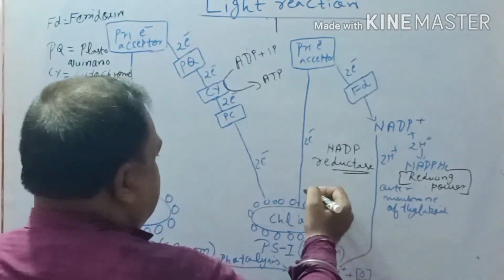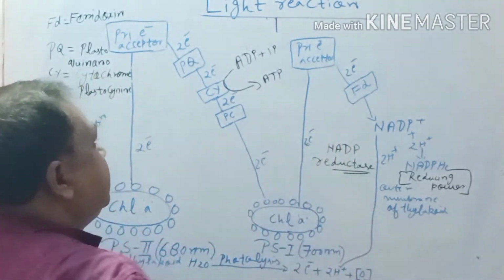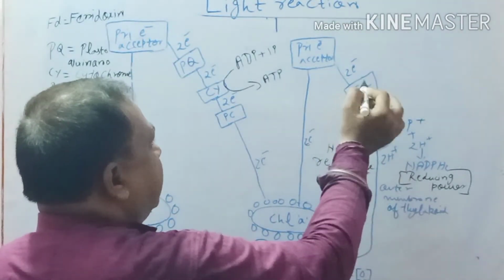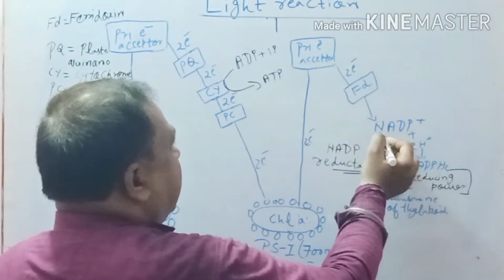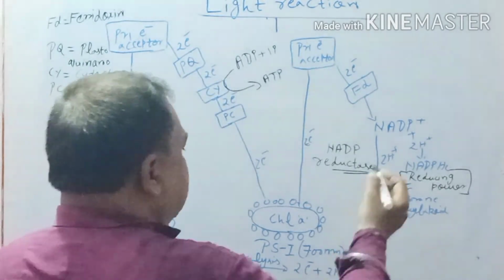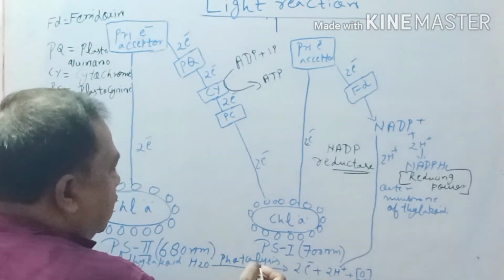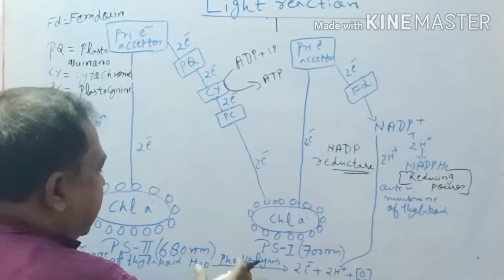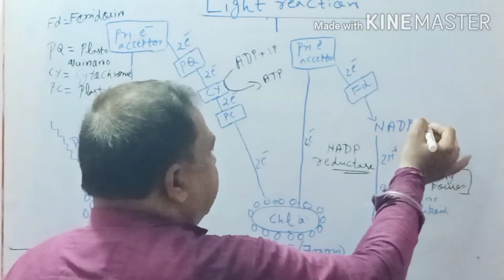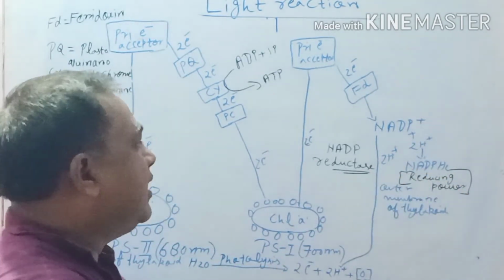Now the pair of electrons is again released, accepted by the primary electron acceptor, and goes to ferredoxin. Then NADP plus reduction takes place, while the 2H plus ion coming from photolysis of water at the inner membrane of thylakoid combines with NADP plus to form NADPH2, that is reducing power.